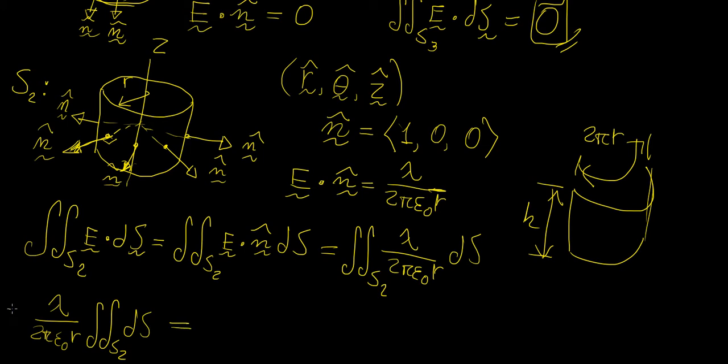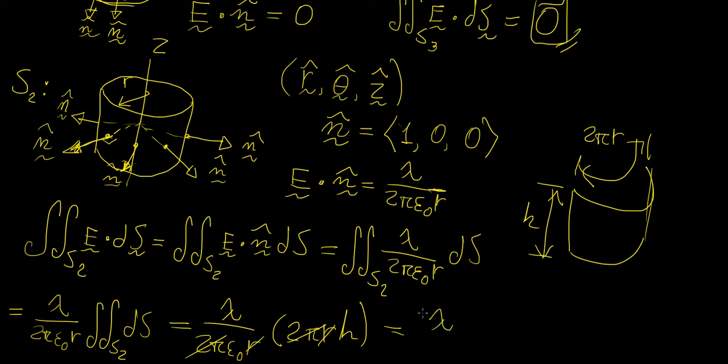So this flux integral is going to turn out to be lambda over 2 pi epsilon 0 r times the surface area, which is 2 pi r h, and then this, this and that are going to cancel out. So in the end, we're just going to have lambda times h over epsilon 0.